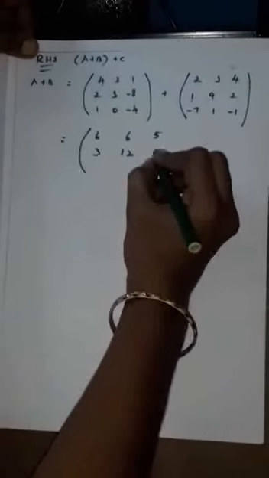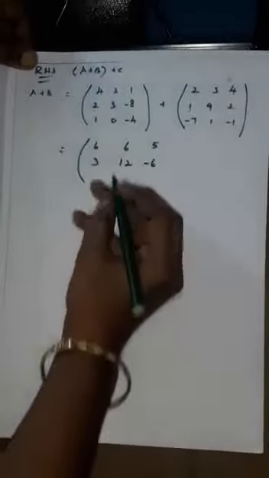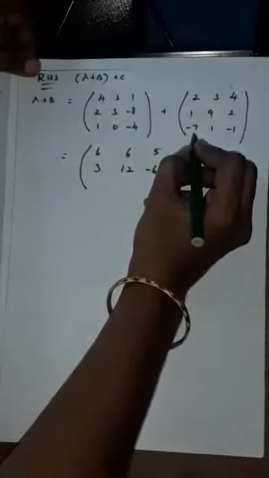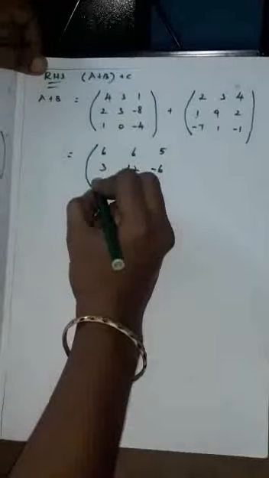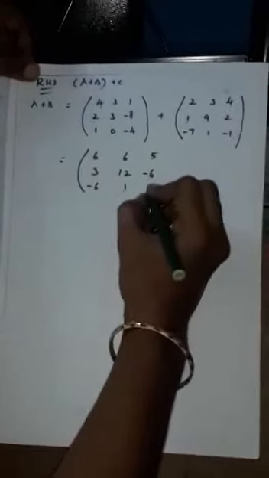Then second row, 2 plus 1, 3. 3 plus 9, 12. Minus 8 plus 2: 8 is the bigger number, 8 minus 2 is 6, and the sign is minus. 1 minus 7: 7 is the bigger number, so 7 minus 1 is 6, and the sign is minus. 0 plus 1, 1. Minus 4 minus 1, same sign, add the terms, minus 5.